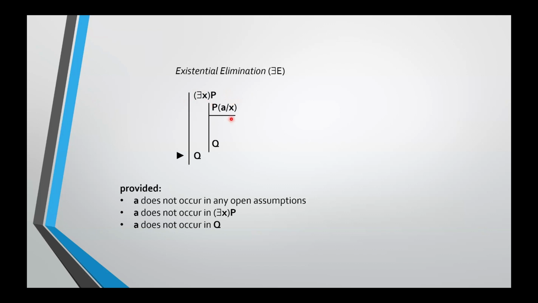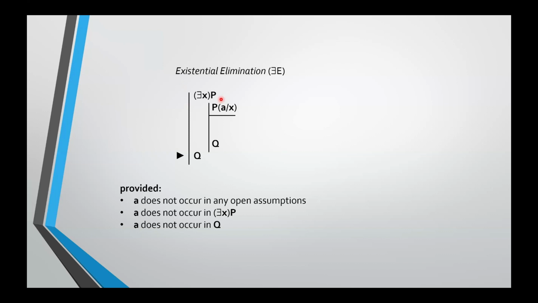In this subderivation, you strip off the quantifier and replace the variable with a constant. This constant is standing in for the object that satisfies this formula here. So you're introducing a subderivation where you suppose that this is the object that makes this existential claim true.